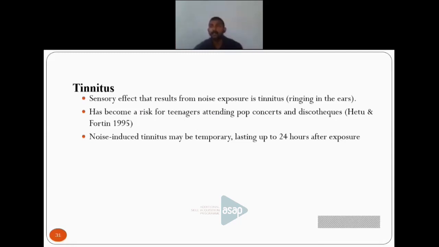Sometimes after 24 hours it may reduce, but continuous exposure to the same intensity of noise may cause permanent damage to the ear. Most teenagers attending pop concerts and discos are found to get more damage, according to a study.